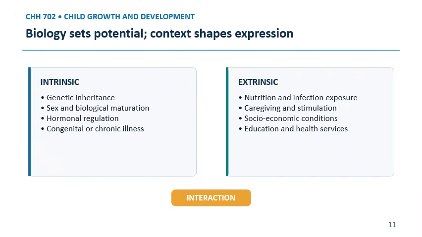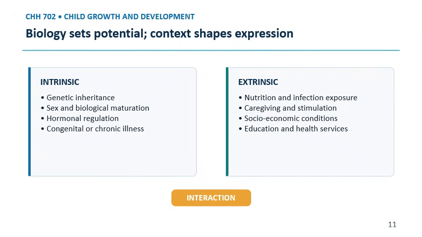That word is crucial. Intrinsic factors include inheritance, maturation, hormone regulation, and health condition. Extrinsic factors include nutrition, infection, exposure, caregiving, social circumstances, education, and health services. We separate the categories for thinking, but in real life, they operate together.